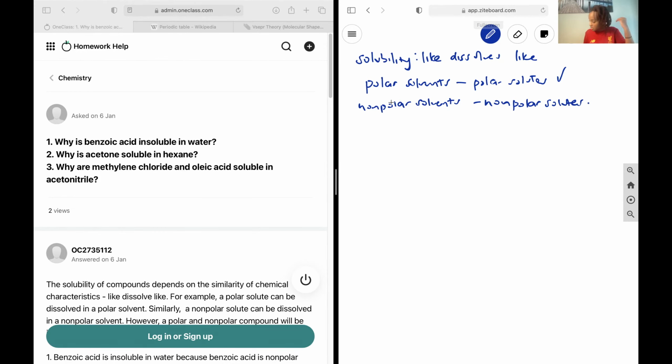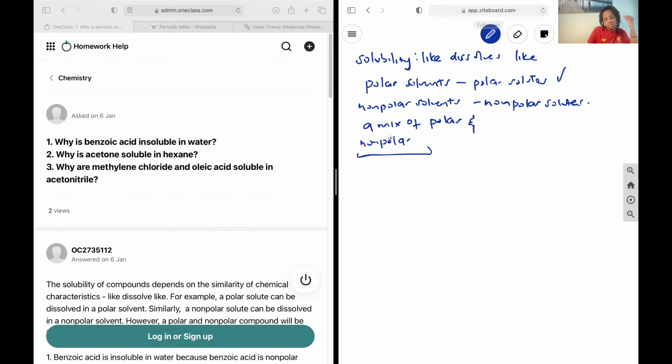And then lastly, we will have the case of how a mix of polar and nonpolar.